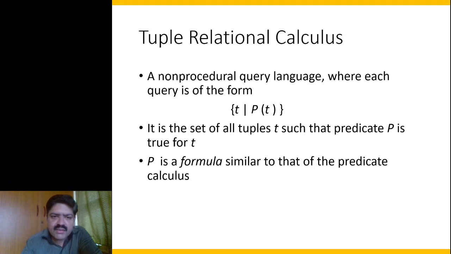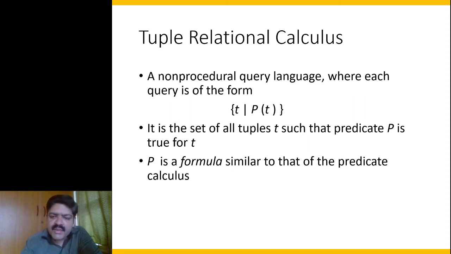So we say we are interested in all tuples T that meet the predicate P involving T. Here P of T is a predicate involving attributes of T. It is the set of all tuples T for which the predicate P is true. So that's the output for this entire tuple relational calculus expression.